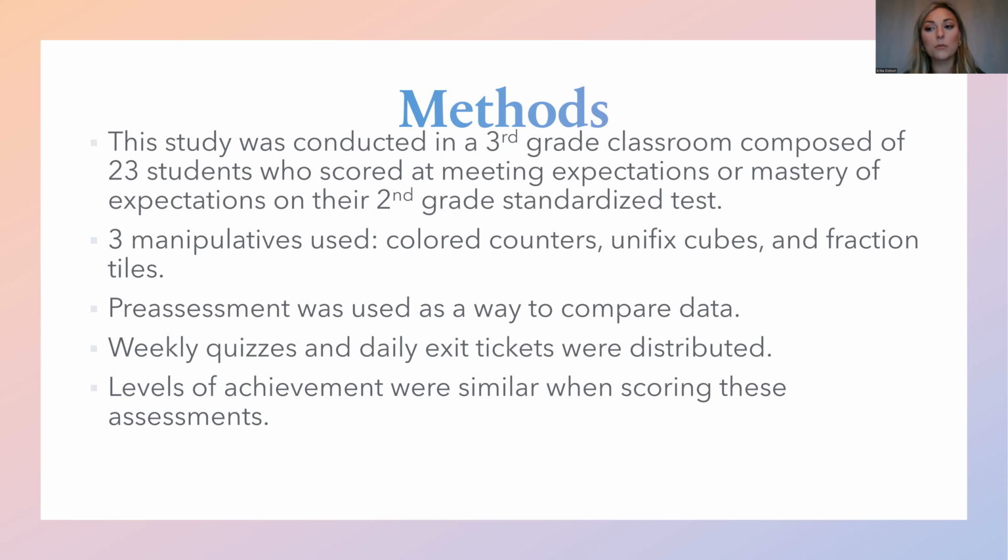And if they scored a 1 or 0 out of 5, they were below expectations. So a little less high risk, they were more susceptible of scoring in the approaching range, whereas on the daily exit tickets, if they got 0 or 1 out of 2 correct, they were approaching, and 0 out of 2 correct, they were below. So they were scored within the same scoring rubric, just a little bit different.